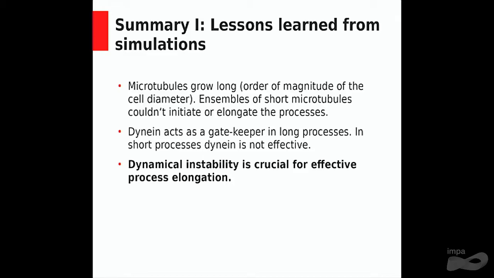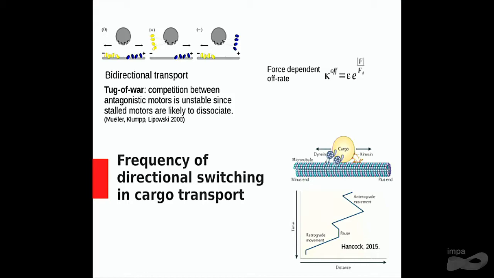It wouldn't work if the microtubules stay short. And we also learned that dynein actually does not do polarity sorting. It is rather a gatekeeper that doesn't allow minus ends of microtubules to enter long processes. Okay, so these are the lessons learned from this modeling project.